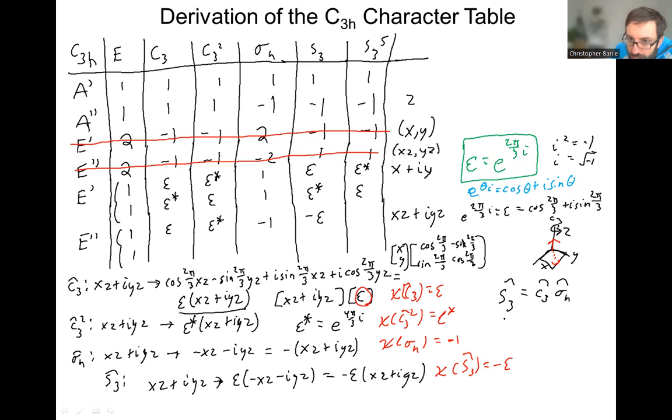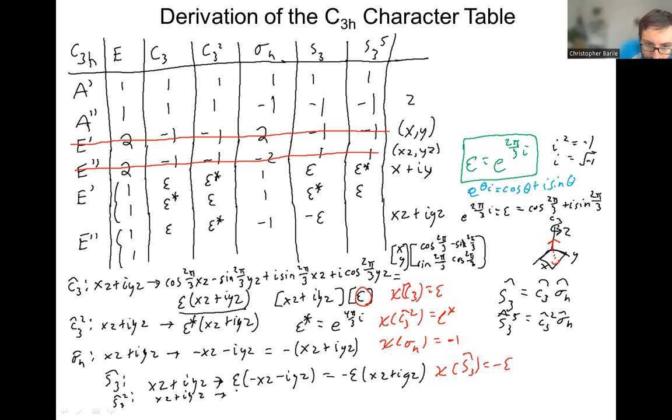Okay, and then what if we do an S3 5 times, which is equal to C3 2 times sigma h? Well, if we do C3 2 times, we know we got epsilon complex conjugate. So again, just writing this out, we're asking how xz plus iyz goes.